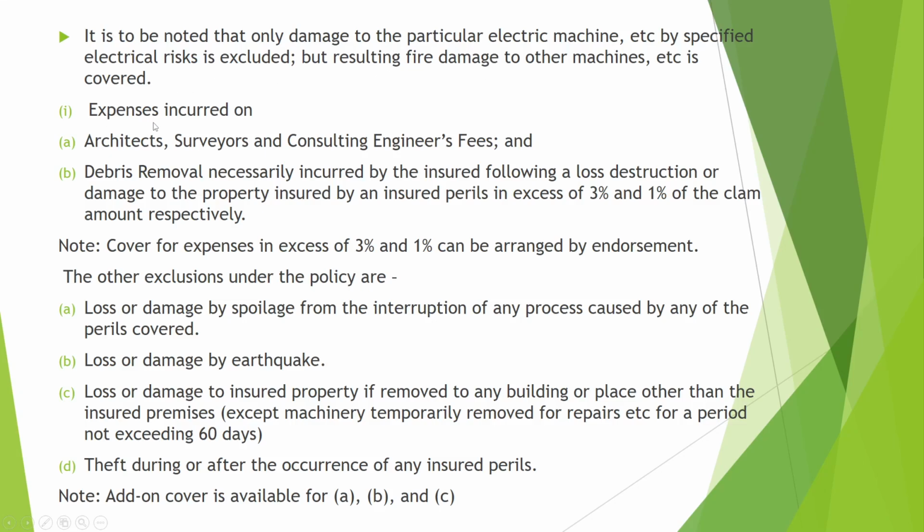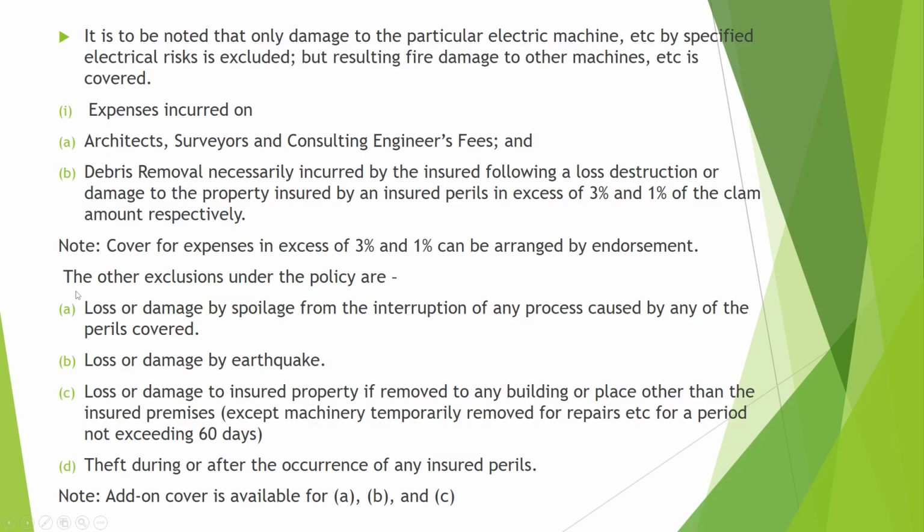Expenses incurred on architects, surveyors and consulting engineering fees and debris removal necessarily incurred by the insured following a loss, destruction or damage to the property insured by the insured perils, in excess of 3% and 1% of the claim amount respectively, are also excluded from the cover. Please note, cover for expenses in excess of 3% and 1% can be arranged by endorsement. You can endorse it and claim it. If it is not endorsed, you cannot claim it.